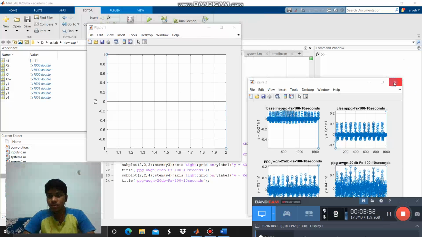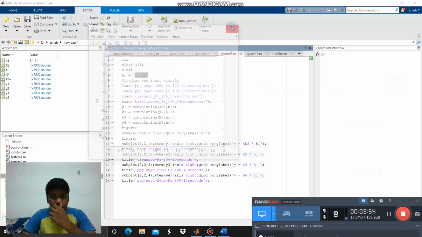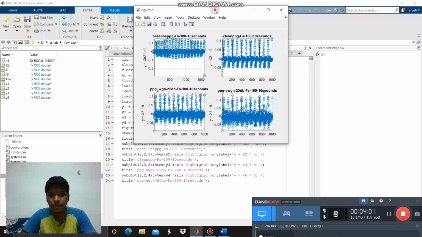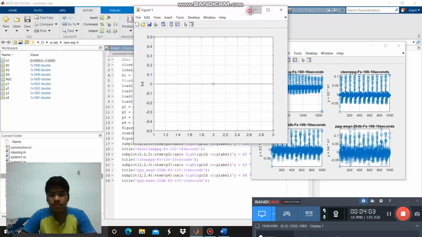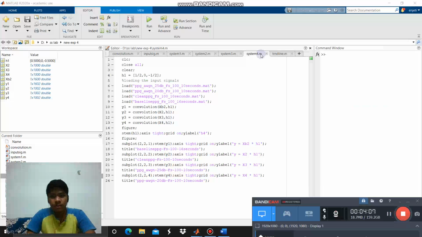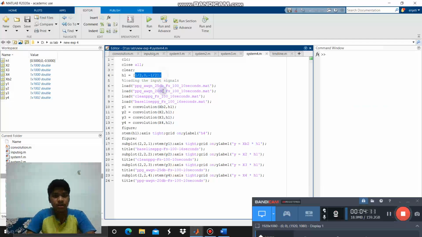And similar to system 3, now coming to system 4, we run this program. For system 4, the impulse response is 1/2, 0 and minus 1/2.